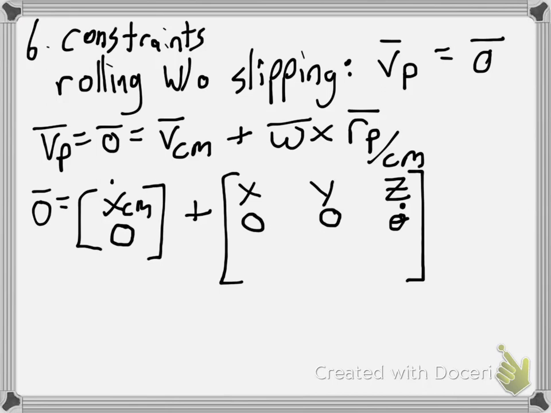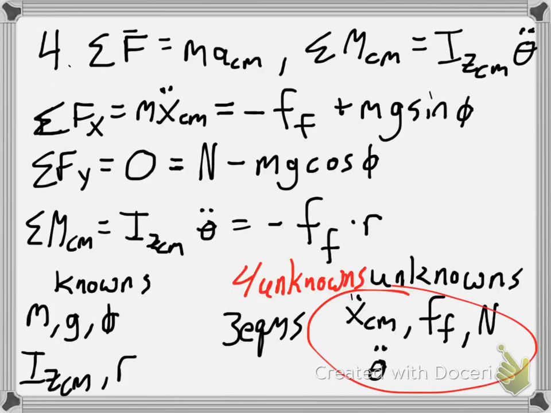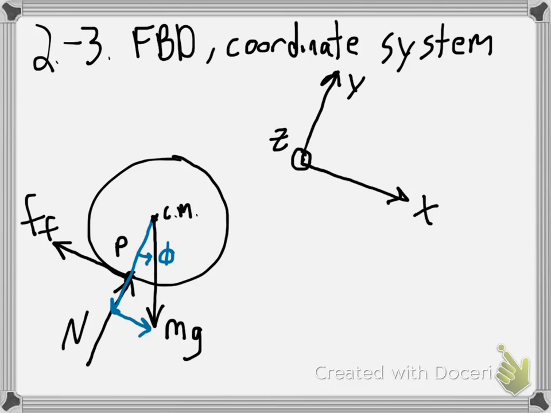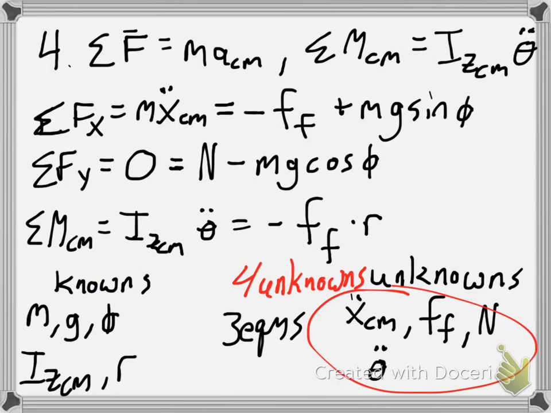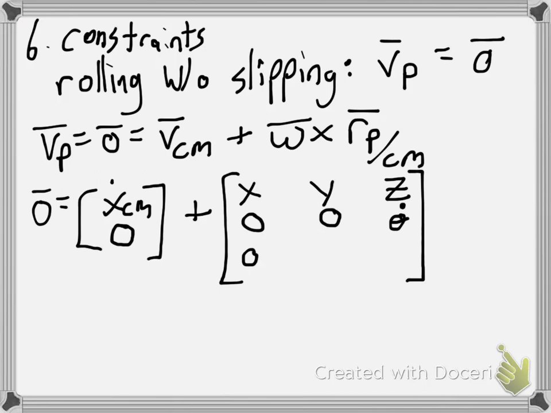Okay? Then I need the position of point P with respect to the center of mass. So let me backtrack to our picture here. Here we have the center of mass. Here we have point P. Does it have any x position? No. What is its y position of point P relative to the center of mass? Right, minus r, r in the negative y direction. So I have 0 in the x, minus r in the y, and 0 in the z.